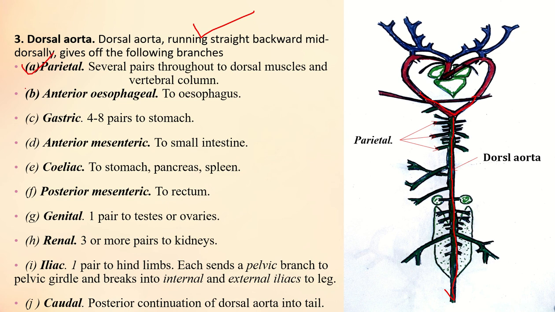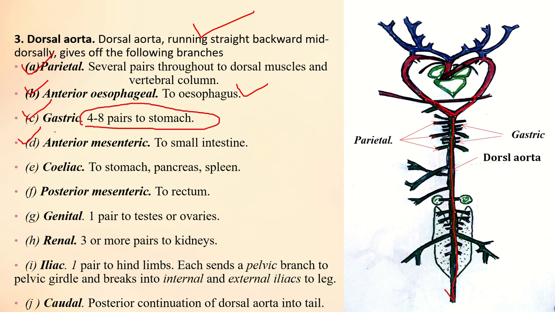Then there is the anterior esophageal, which supplies blood to the esophagus, hence the name esophageal. Again, the gastric has 4 to 8 pairs and supplies blood to the stomach.